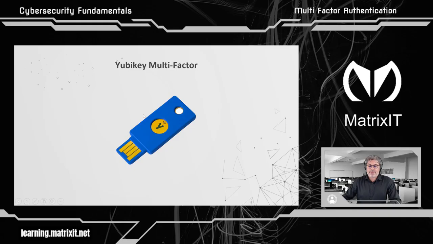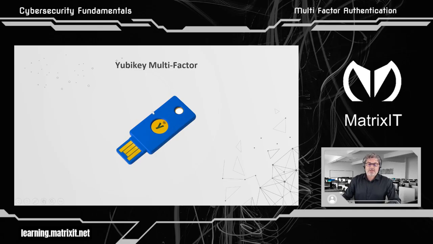This little thing here lights up, and you put your finger on it. Once you put your finger on it, it will send a signal over to the system and it will let you in. This is called a YubiKey.